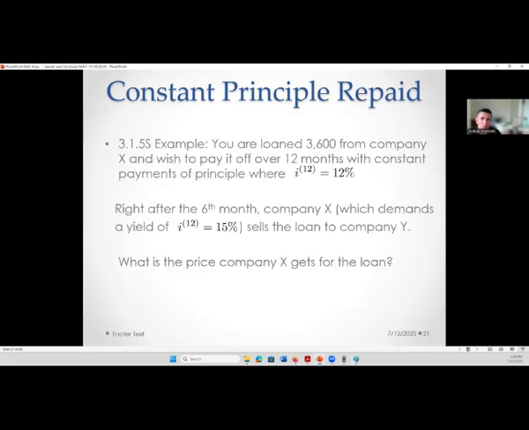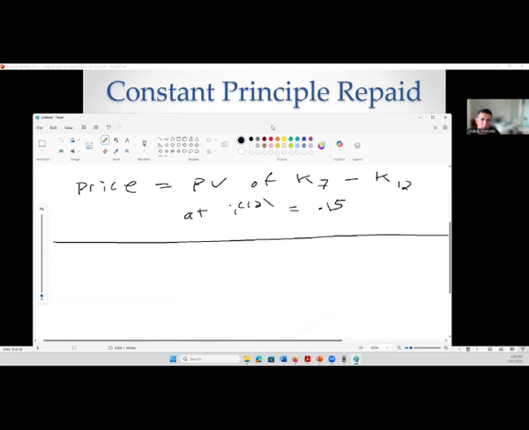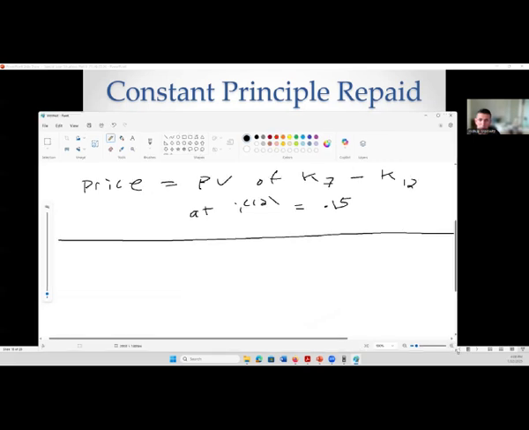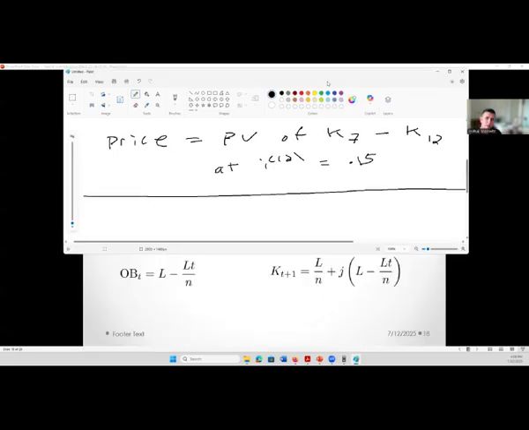All right, so going back to our formula, K(t+1) is L over N. So let's see. Bear with me one second. It should be perfect.